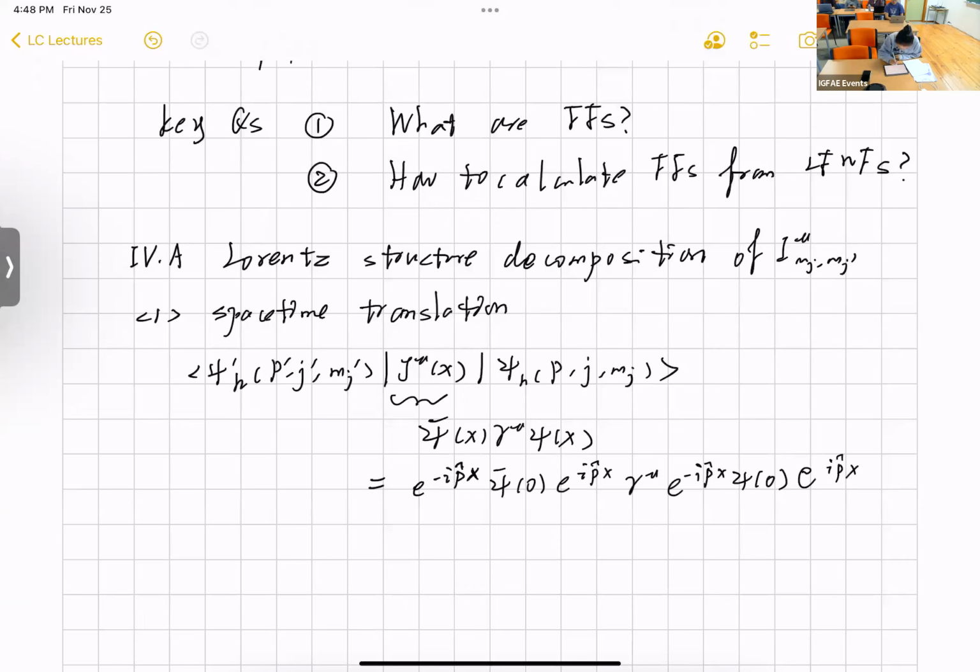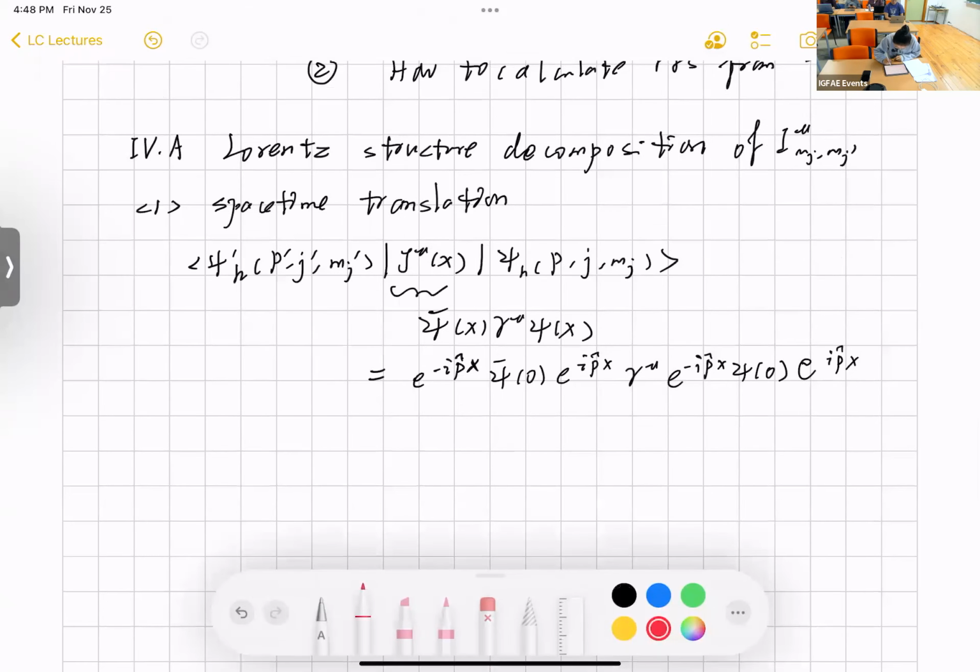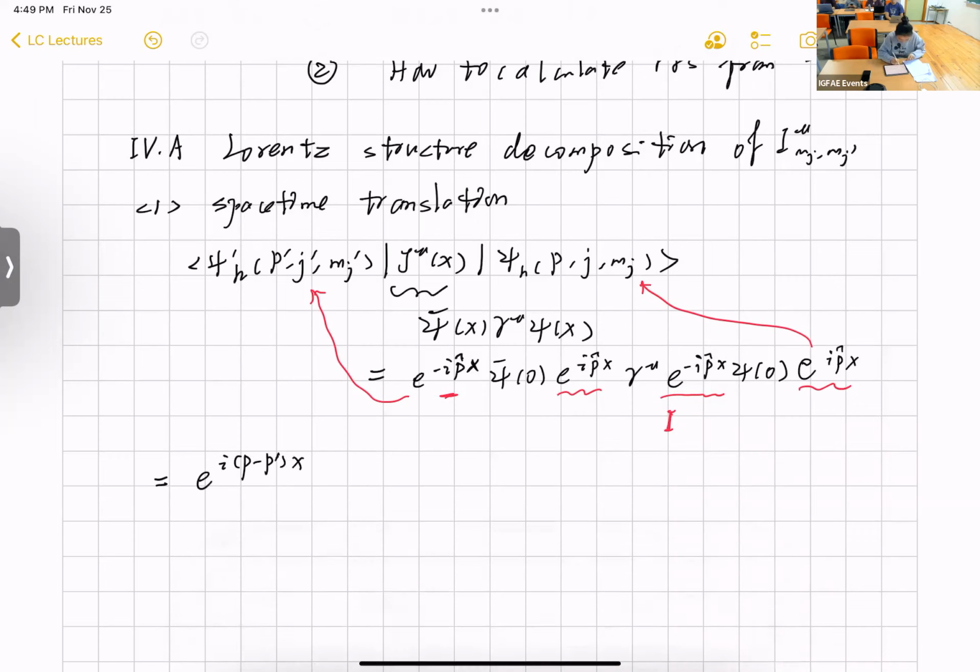Okay, if I put it back in here, these two will become one identity because there is only γ^μ in between. This acts on the final state, and this one acts on the initial state. So what we get altogether is an overall phase factor that depends on the difference of the momentum of the initial and the final meson state.